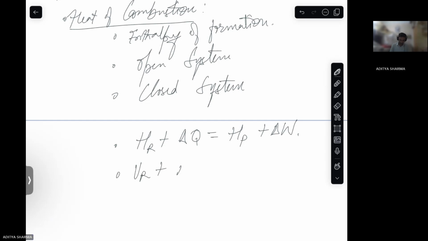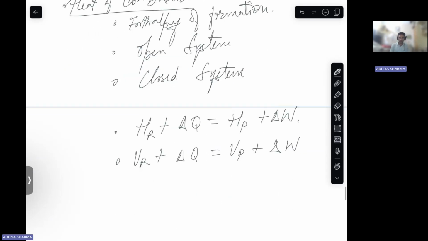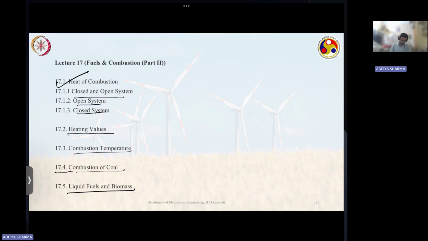And then for your closed system, only internal energy is there, right? So this was discussed in your heat of combustion. Then heating values. Next topic is your heating values.